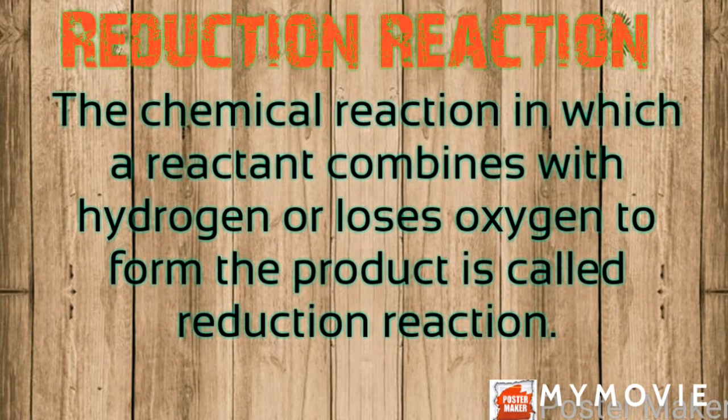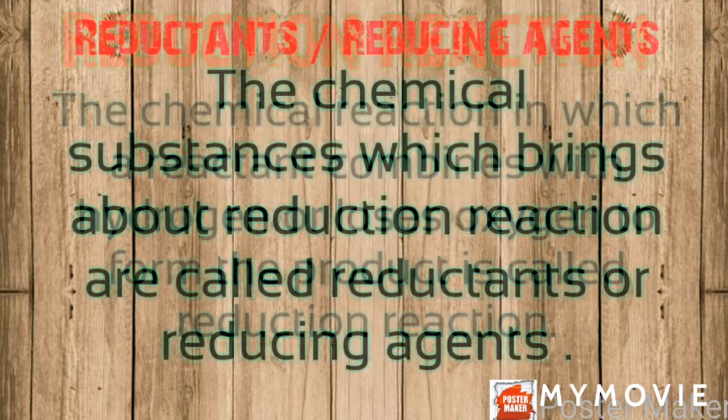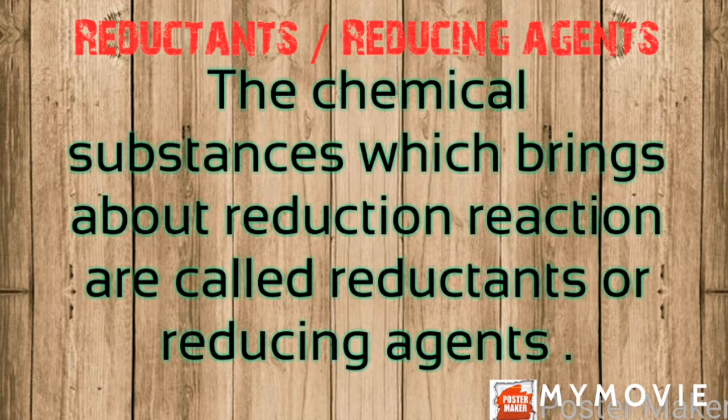Reduction reaction: the chemical reaction in which a reactant combines with hydrogen or loses oxygen to form the product is called a reduction reaction. Reductants or reducing agents: the chemical substances which bring about reduction reaction are called reductants or reducing agents.